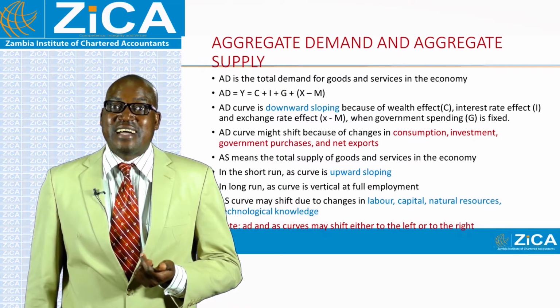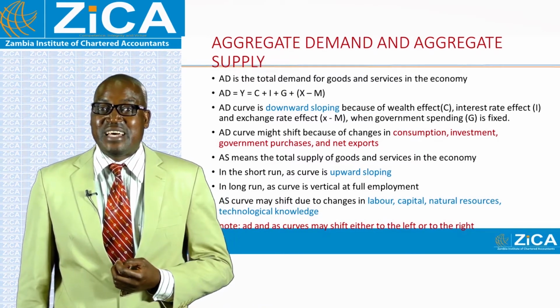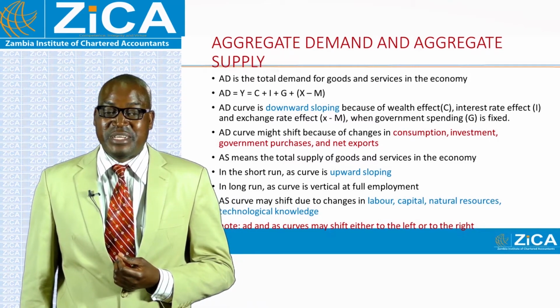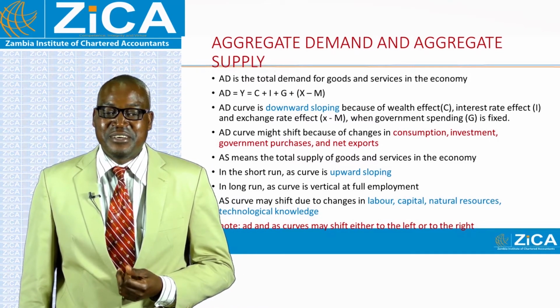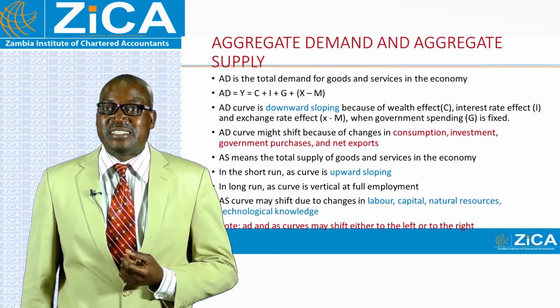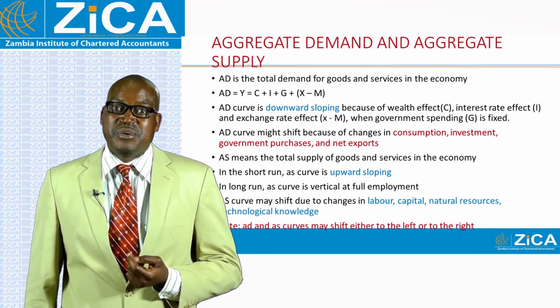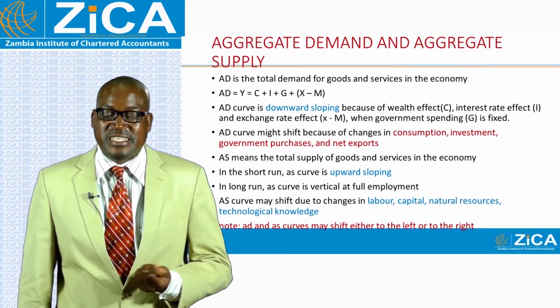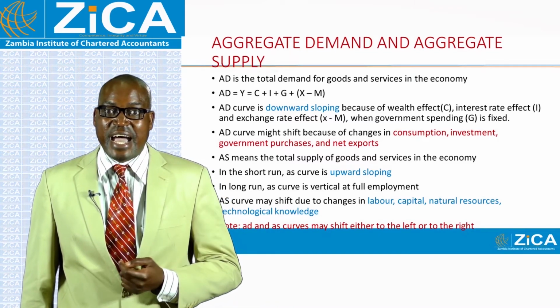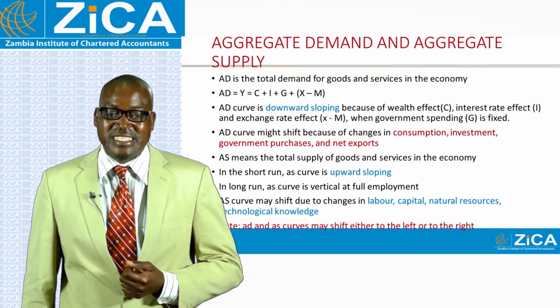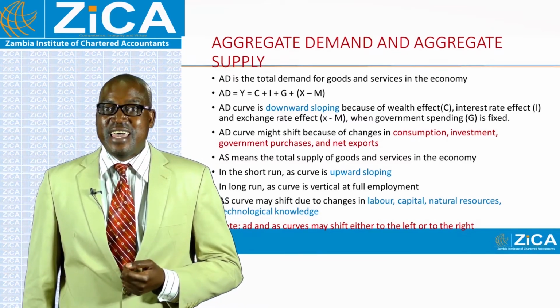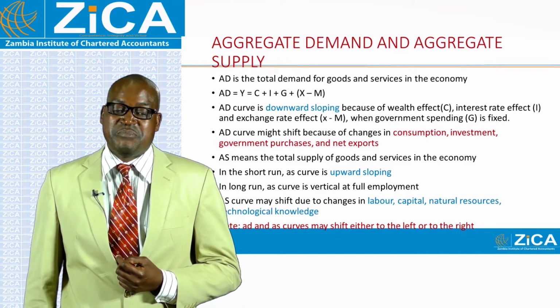And we calculate aggregate demand using the same formula that we have for the expenditure method of national income accounting, where we have C plus I plus G plus open bracket X minus M, where C is consumption expenditure, I investment expenditure, G the government expenditure, X the exports, and M the imports.